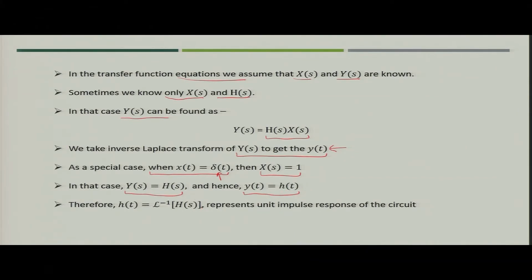So, Ht is nothing but inverse Laplace of the transfer function. So, this represents unit impulse response of the circuit. When it is excited by a unit impulse function, the transfer function will give you the unit impulse response of the circuit.